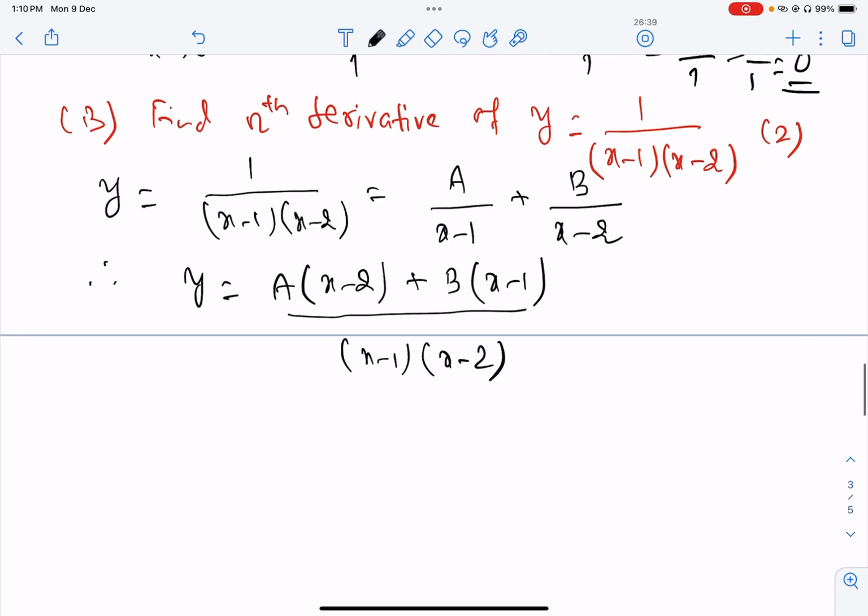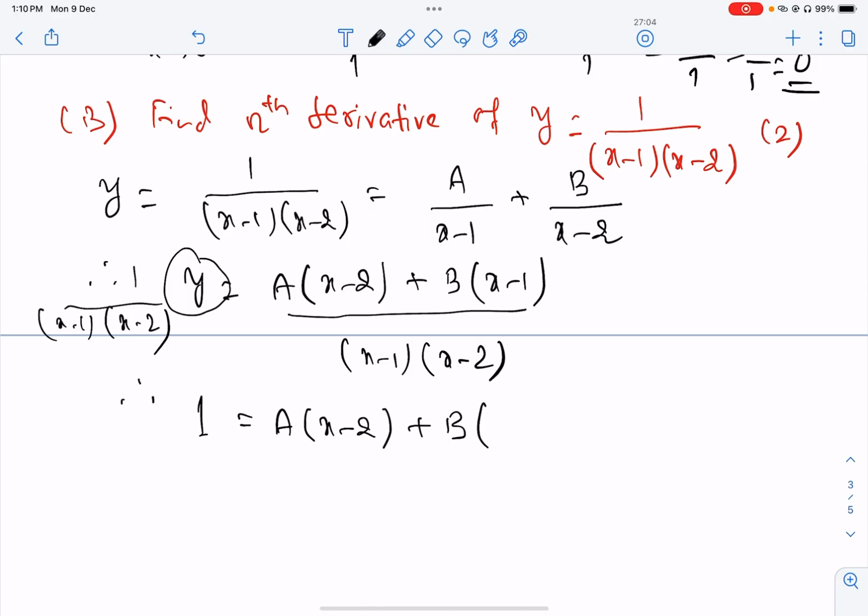And so we have, y is nothing but 1 upon x minus 1 into x minus 2. So these two will be getting cancelled, and so we have 1 equal to a into x minus 2 plus b into x minus 1.